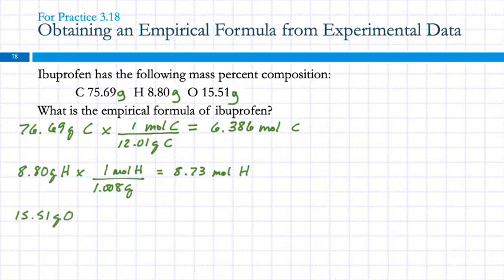15.51 grams of oxygen. 1 mole of oxygen is 16 grams. Whoops, 16. And it says 375. The 3 is then going to round up to 4.